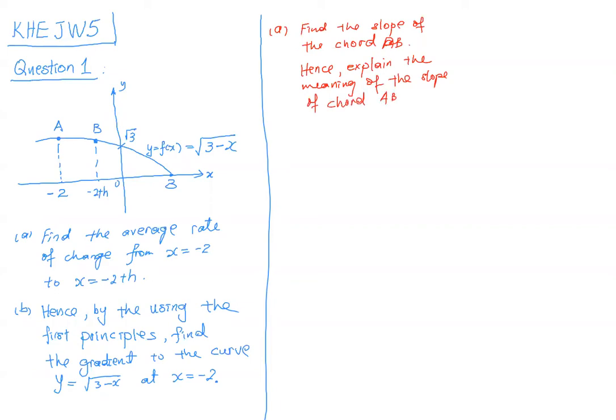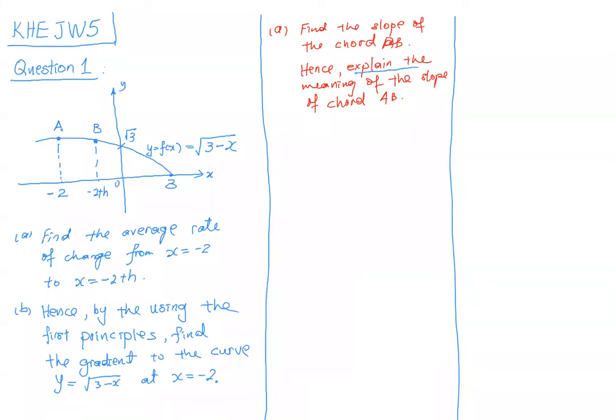Yes. So you have to link. What you need to do is when you learn, you have to link. What is the geometrical interpretation of the slope of a chord? If you don't know how to interpret the meaning of the slope of the chord, then you won't be able to explain this.